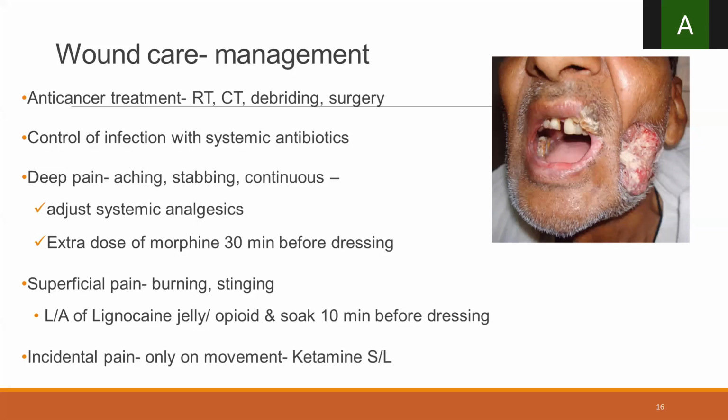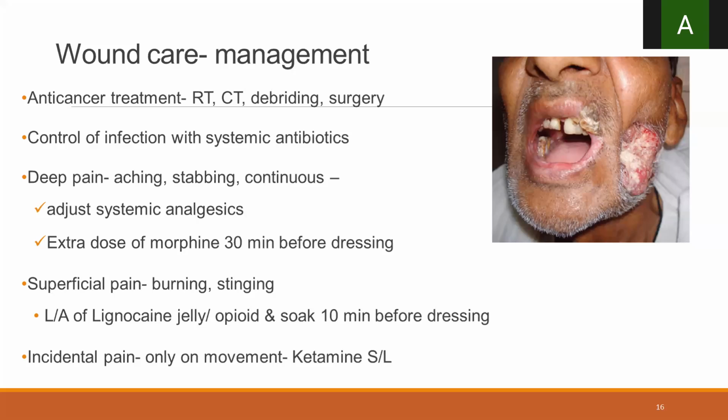Superficial pain, burning or stinging type of pain, can be taken care of with the help of local application of lignocaine jelly or spraying of the lignocaine, or opioid. And never take out the dressing directly, but soak it with normal saline.